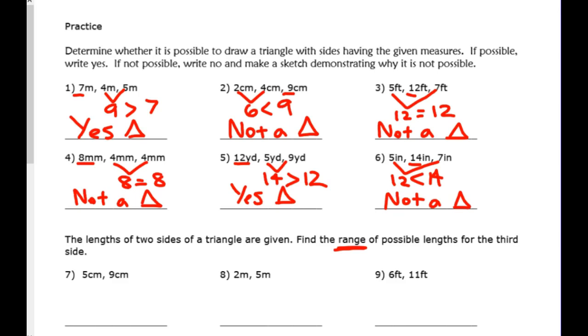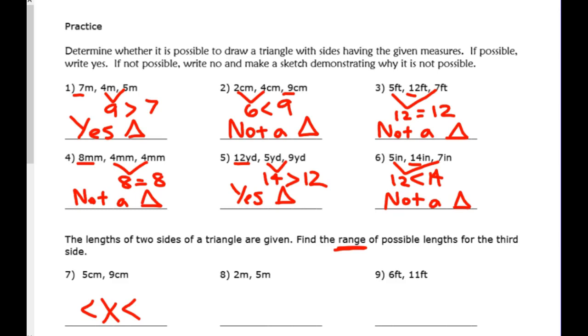Whenever you have a range, you're always going to have a variable, so x in the middle, and it's between 2 numbers, so you're going to put less than, less than. Every time you do a problem like this, start with x, less than on each side. And what you're going to do is fill in numbers for the least and the greatest.